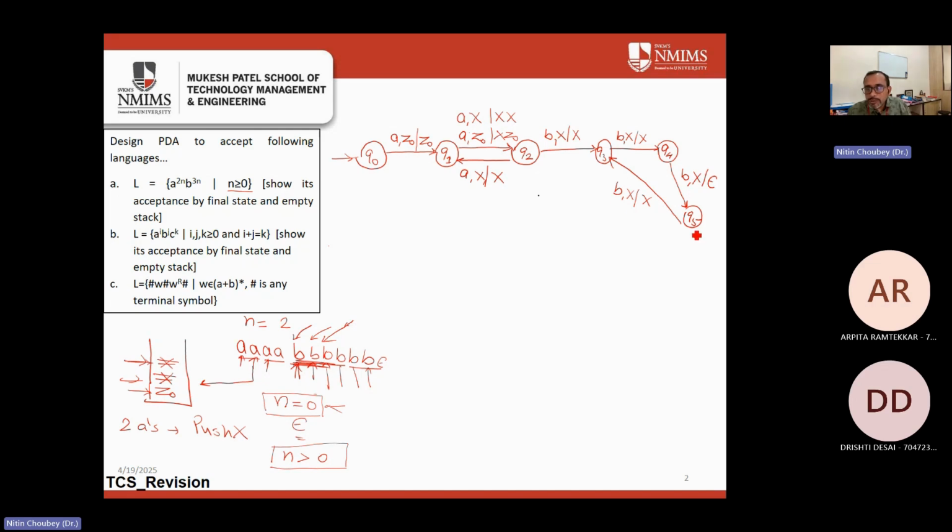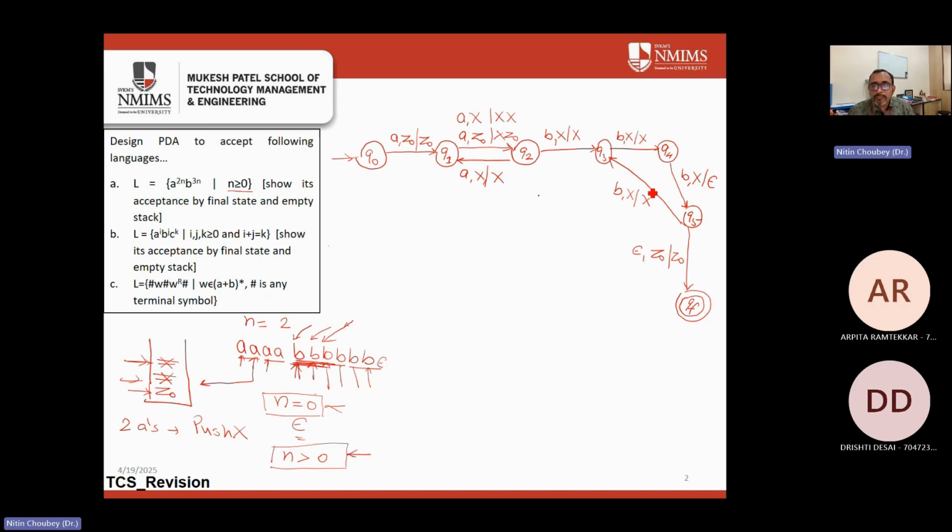So this process will end when we have popped the last X from B. That means here. At that time, in input, we will have epsilon, and on stack top, we'll have Z0. So Z0 kept as it is, and we went to final state. So this is the case for n greater than 0.